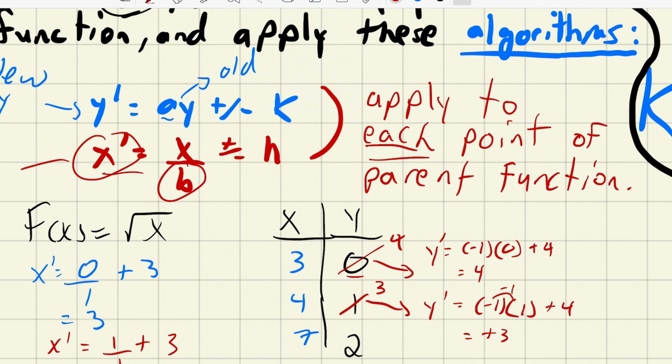And then finally, for this value over here, y prime is equal to -1, and let me put that inside the bracket, multiplied by the old value of y, which is 2, added, of course, the vertical translation of positive 4. -1 times 2 is -2, and then plus 4 is going to be positive 2.